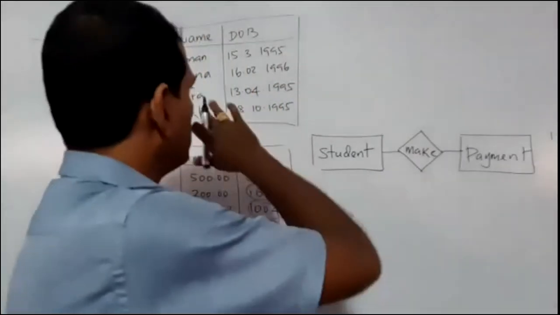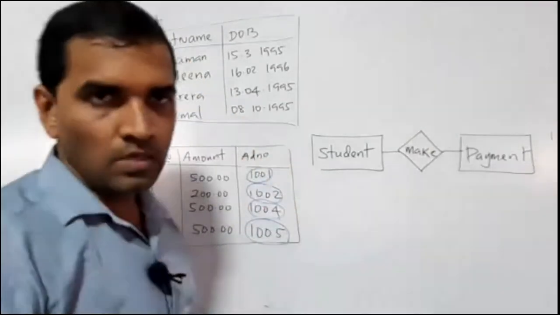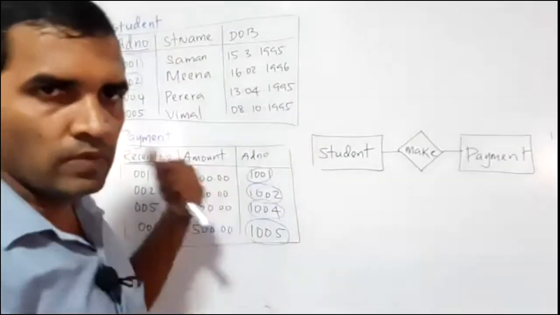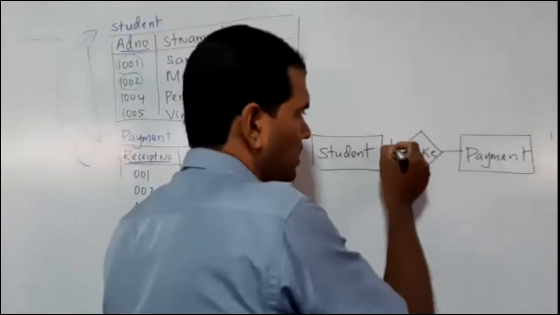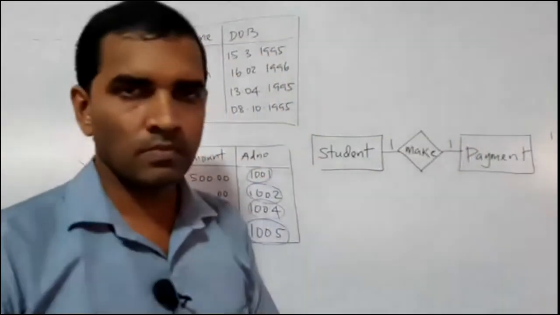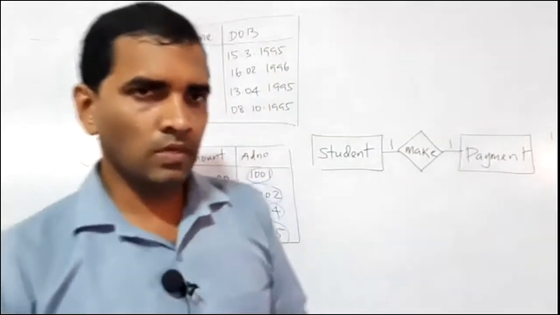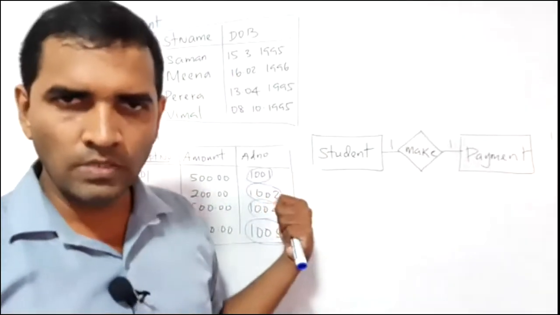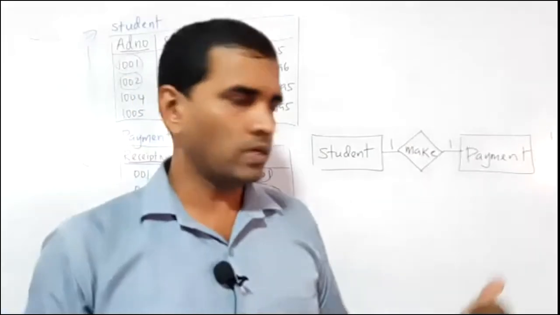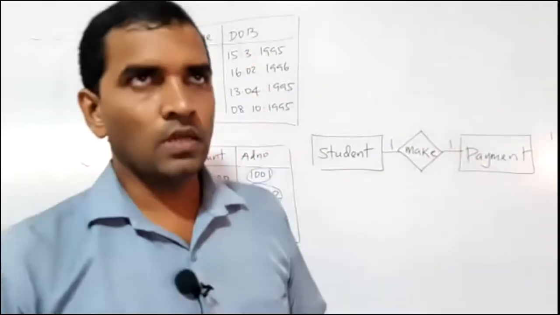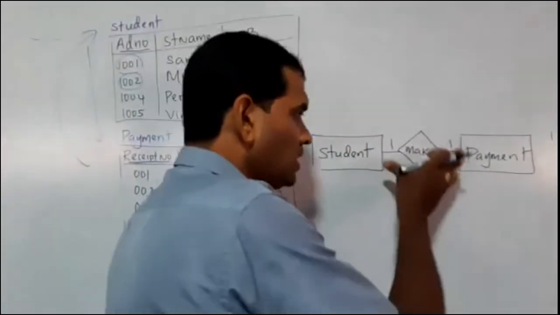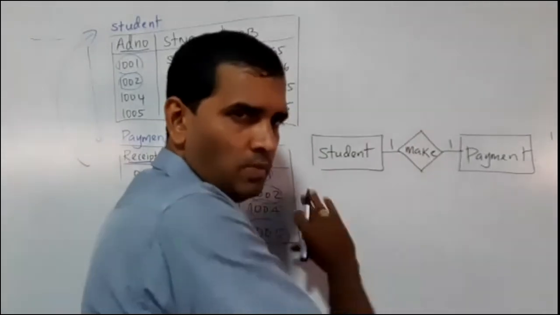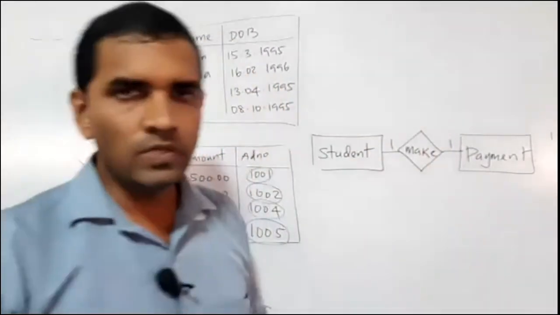Okay, right. So we already found one-to-one. We already checked the one-to-one relationship. So let me put one here and one here. We already identified the relationship between these two tables, so that is one-to-one. That's why I put one-to-one. Now let me explain the real meaning of one-to-one in these two tables.